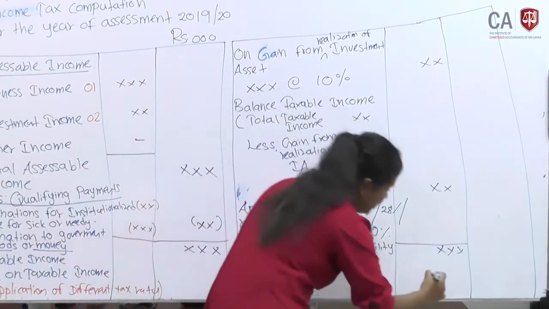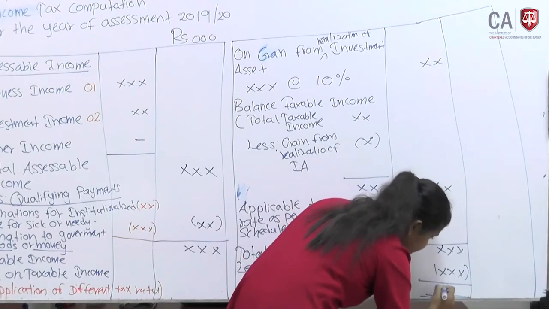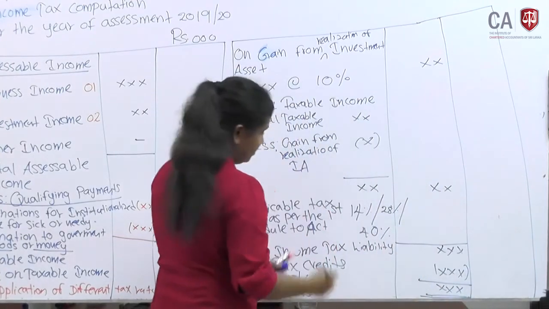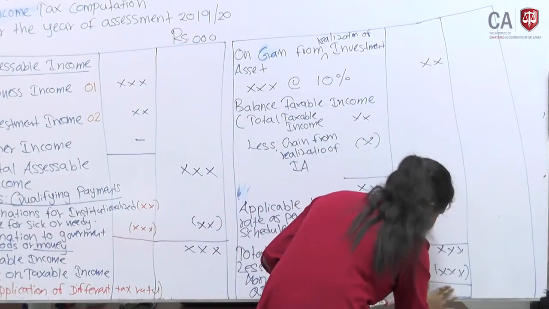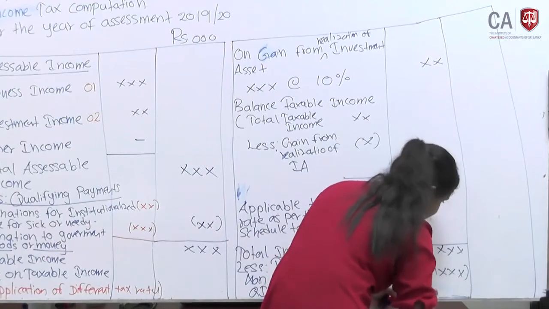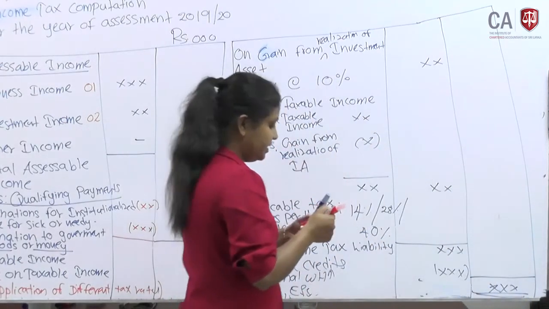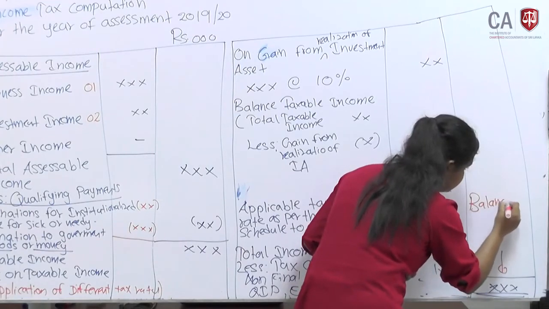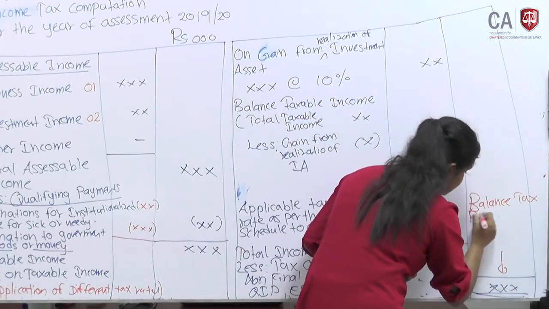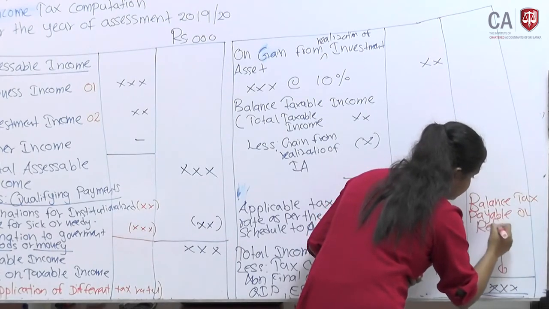Likewise, all of these we need to deduct, and we end with the answer of balance tax payable or refund due.